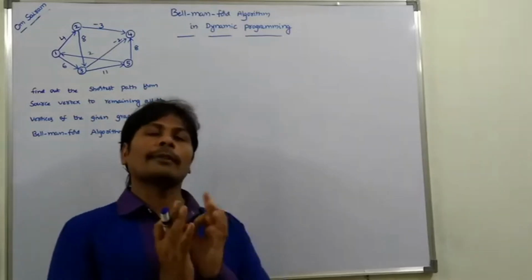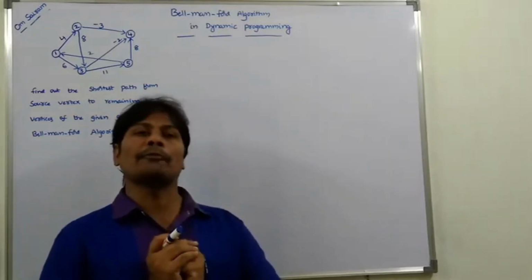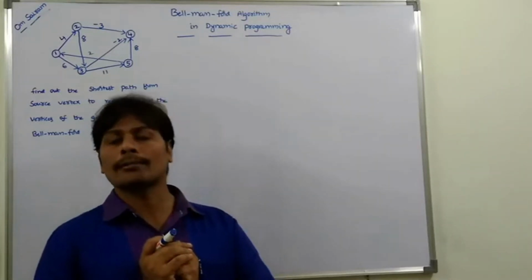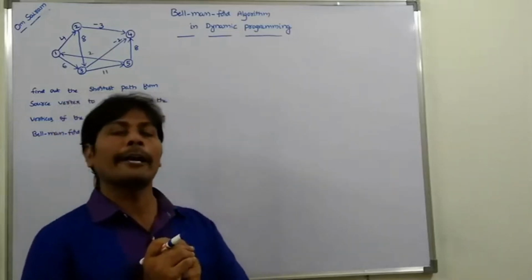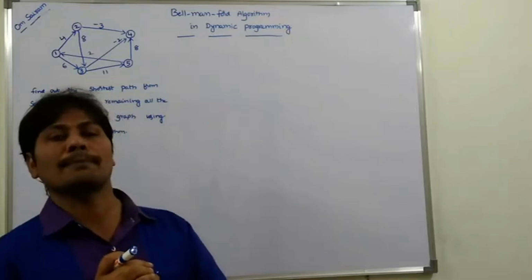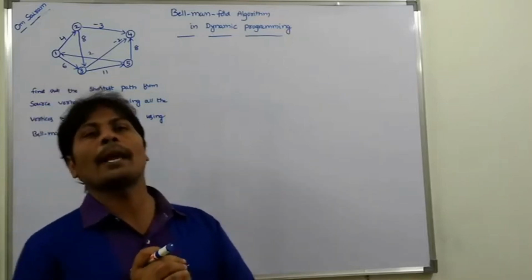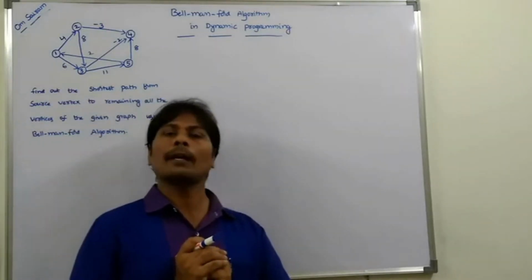If the graph contains negative edge weights, then Dijkstra's algorithm cannot be used for finding the shortest path from the source vertex to all the remaining vertices of the given graph.